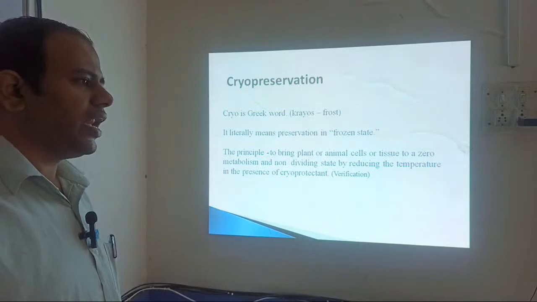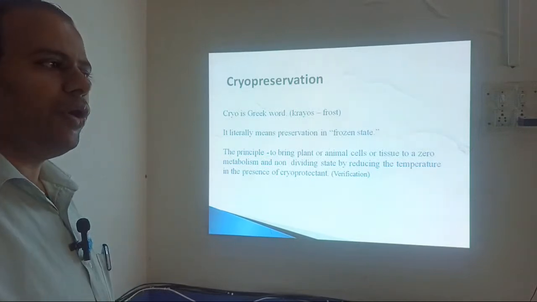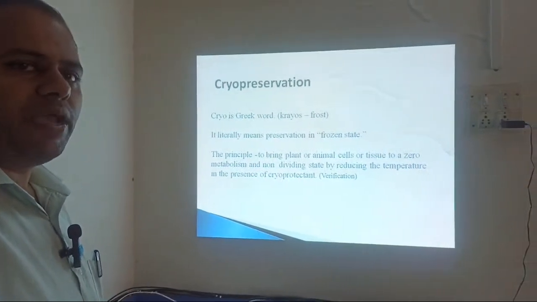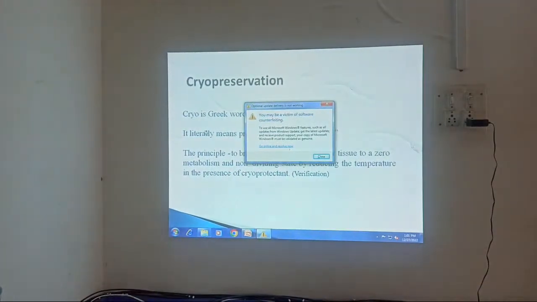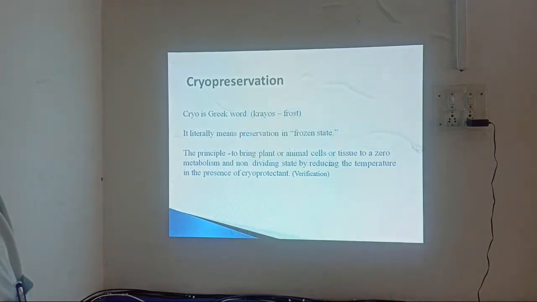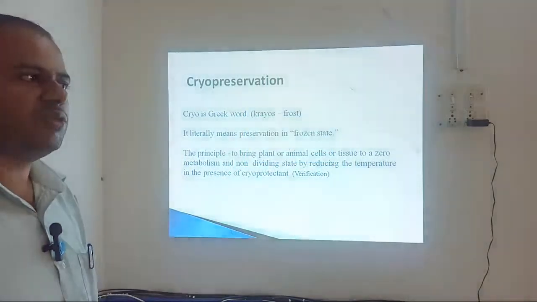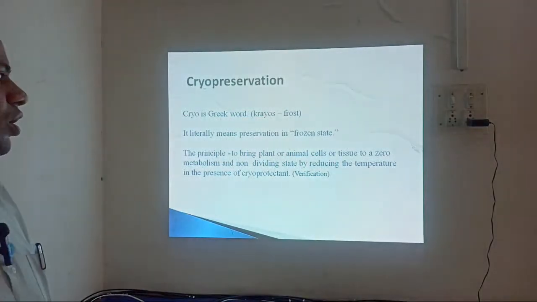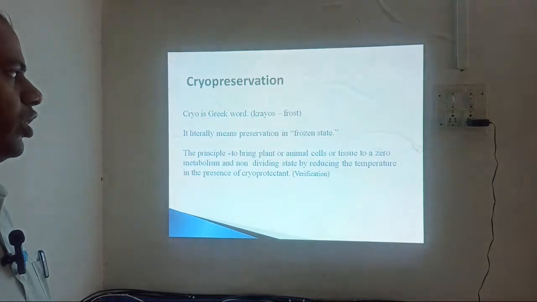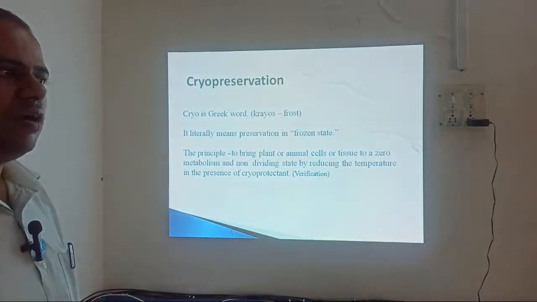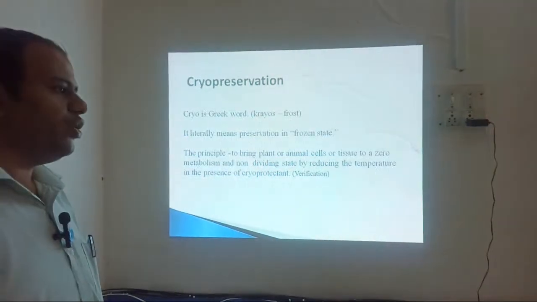Cryoprotectants are generally chemicals that help in the protection of animal tissue or plant tissue. These have to be first added into the medium or into the preserving vessels, and then you protect the tissue.